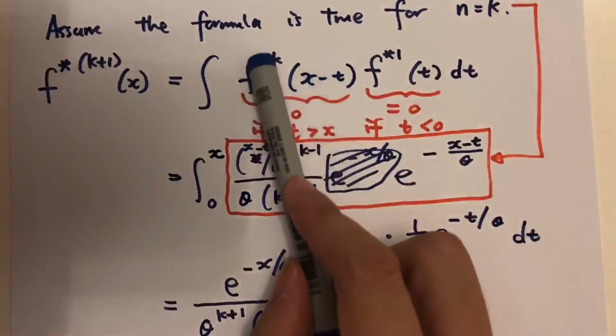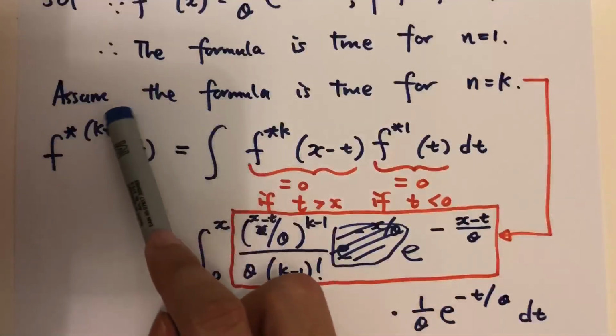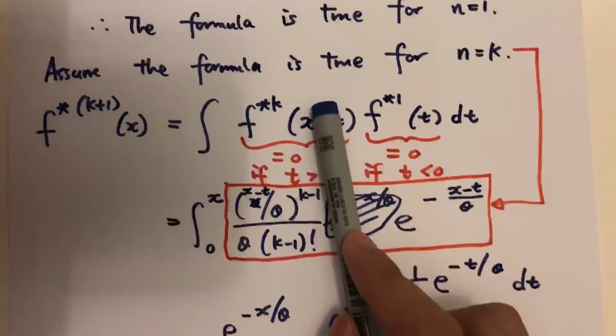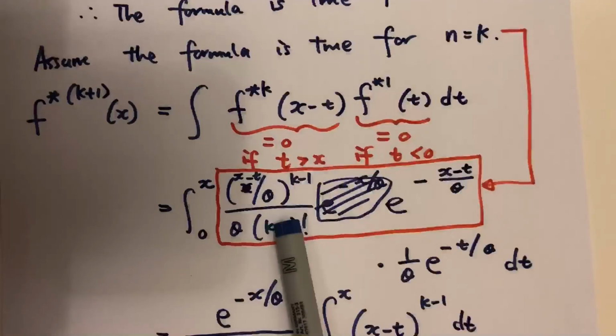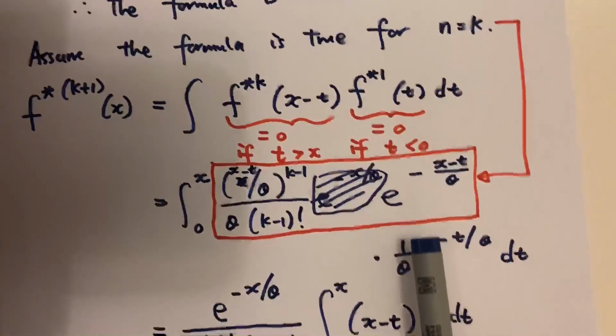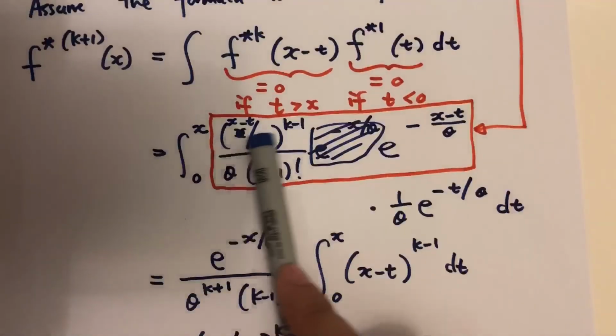And then for this factor, by our induction hypothesis, because we have assumed that the formula is true for k equals n, I have a formula for this, so I just plug in the given expression. This is just the density of one exponential theta variable, and I know that the density is like this. This is pretty easy to integrate.